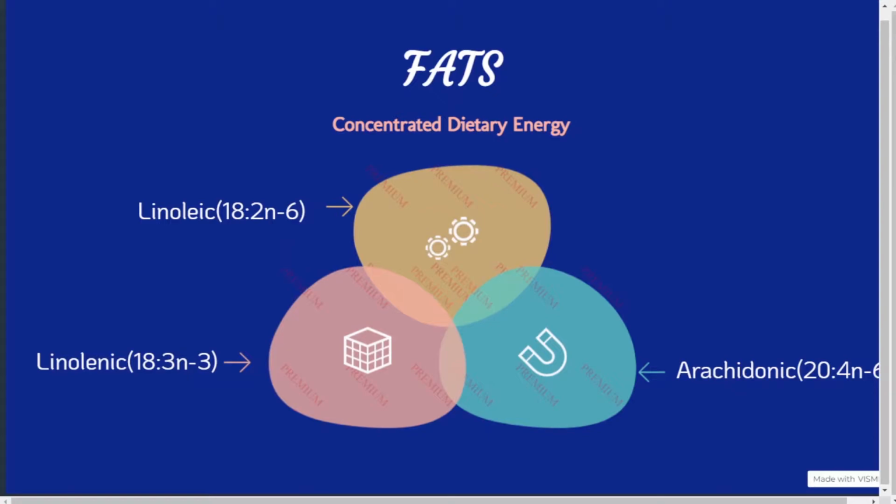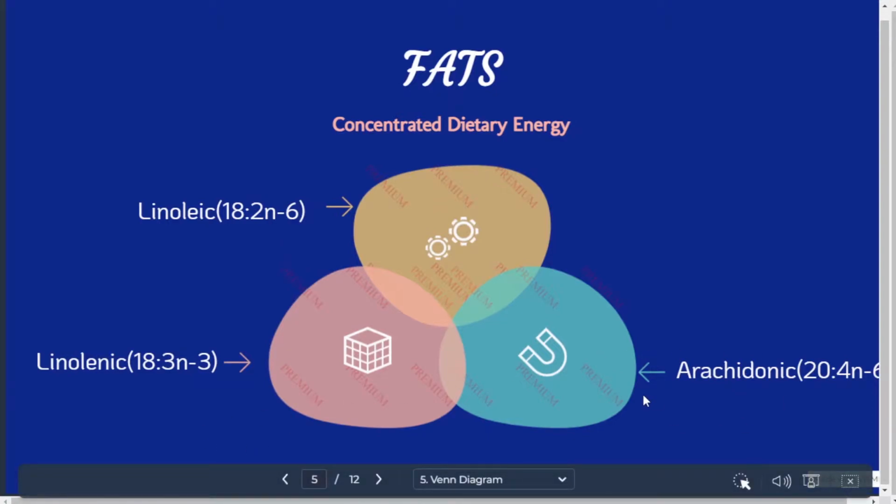Now dietary fats are a rich source of essential fatty acids. And essential fatty acids are linoleic acid, linolenic acid and arachidonic acid. Simple as that. What? Dietary fats are a rich source of linoleic acid, linolenic acid, and arachidonic acid.